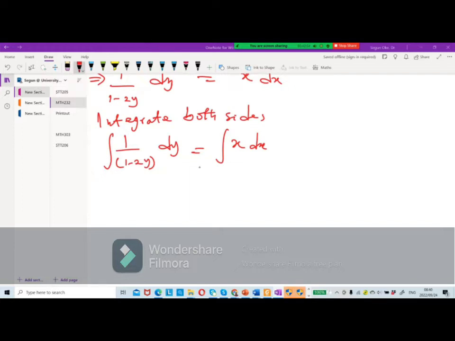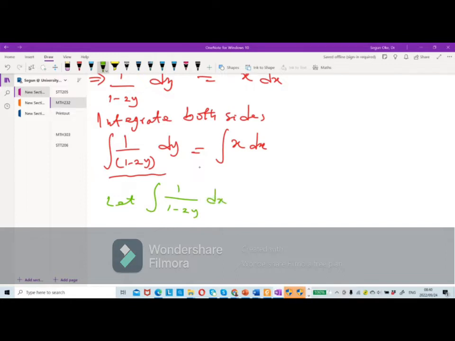For us to integrate this side alone, let me pick another pen. Don't forget we are integrating this side, dy.